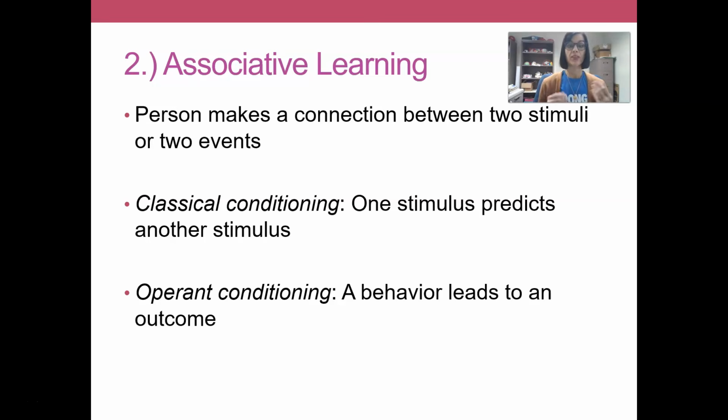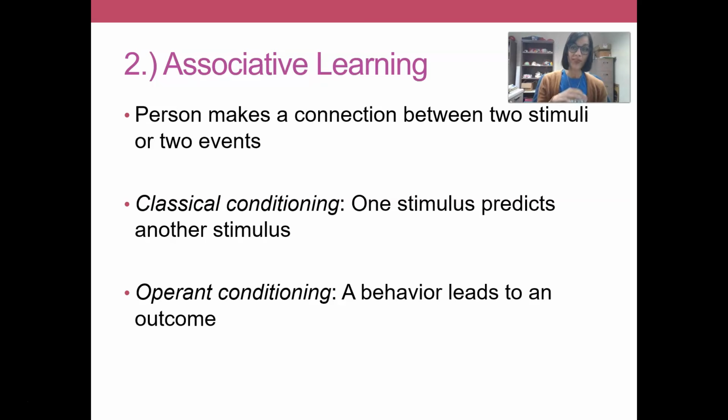And so with associative learning, we tend to break that down into two major forms in psychology. We have classical conditioning, where one stimulus predicts the arrival of another stimulus, and we'll talk about what that means shortly. And then we have operant conditioning, where engaging in a certain behavior leads to a particular outcome.